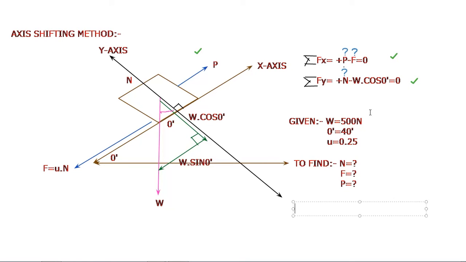So in the solution, you get N is equal to 500 cos of 40 degree. Whatever value you get, you get that value in Newton.